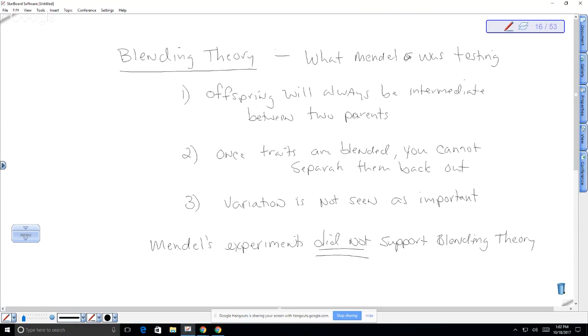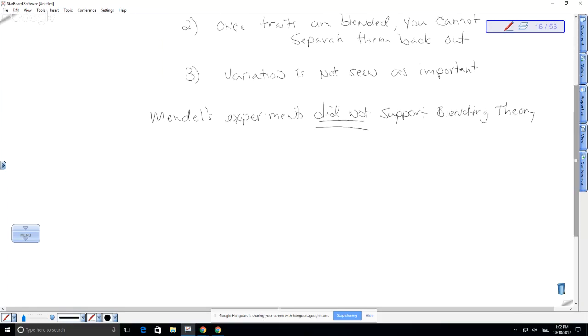Okay, so let's fast forward and talk about what we know to be true about these traits that we now know as having this Mendelian pattern of inheritance, okay? So we'll talk about the background. So remember that a gene is a piece of DNA that codes for a protein.